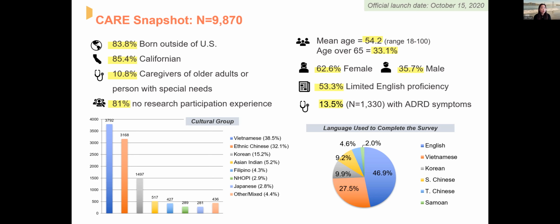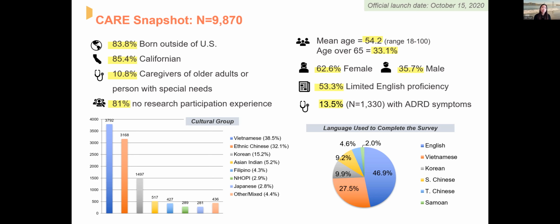Almost 11% of our participants said they are caregivers of older adults or persons with special needs. A statistic that we are very proud of is that 81% reported that they have no prior research participation experience.